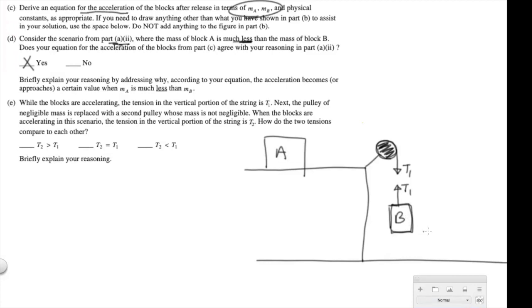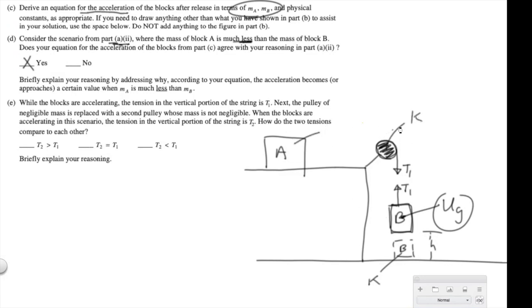Before block B is released, it starts with some height. The only energy we start with is potential of gravity of block B, and that ultimately goes into kinetic energy. Right before block B hits the ground, block B is going to have kinetic, this pulley is going to have kinetic, this block's going to have kinetic.